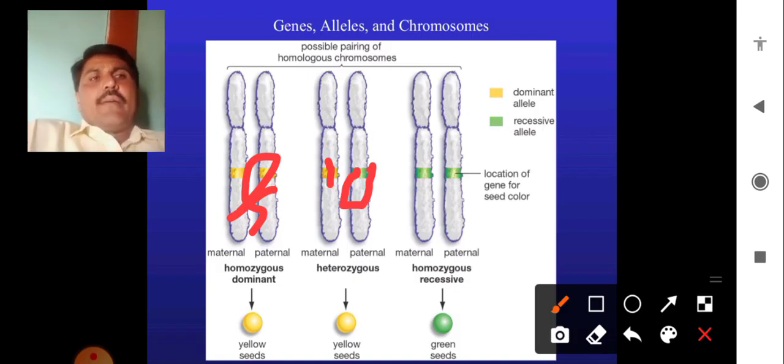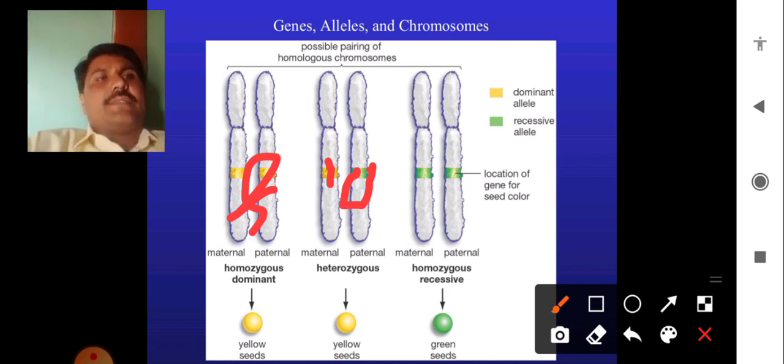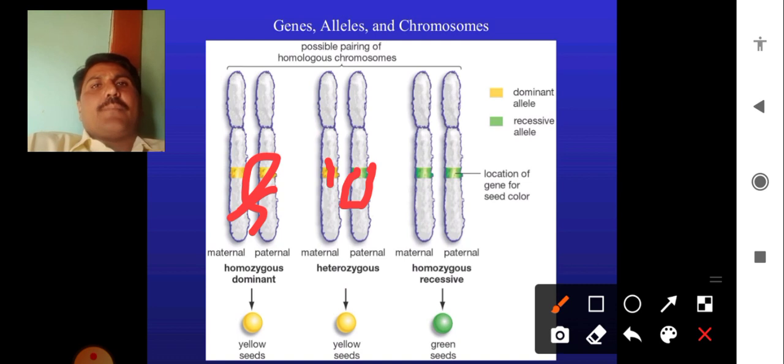When we move towards the homozygous recessive, both genes are located at the same position with the green color, and the product of these genes, the character represented, is the green seed.